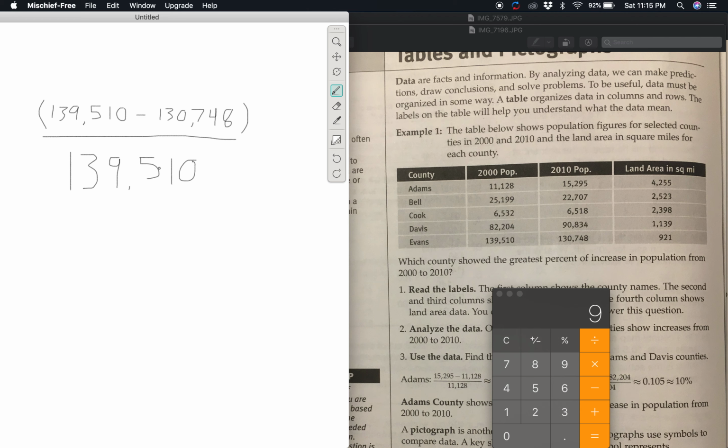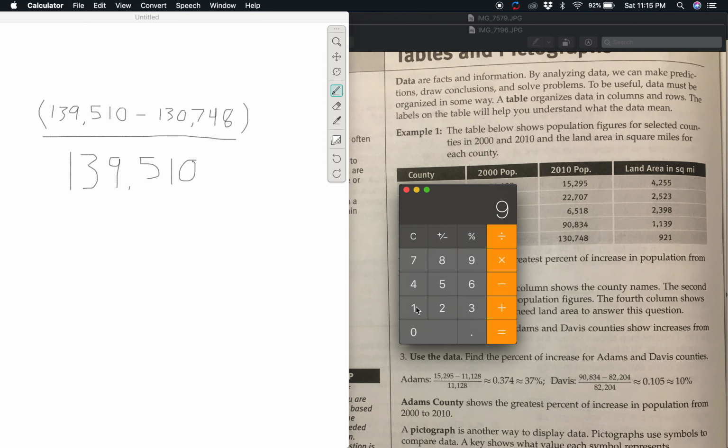As you can see, the original number was in the year 2000. That was the original number, 139,510. So that's what we're dividing it by. So let's do this here. 139,510 minus the smaller number, 130,748, equals 8,762.